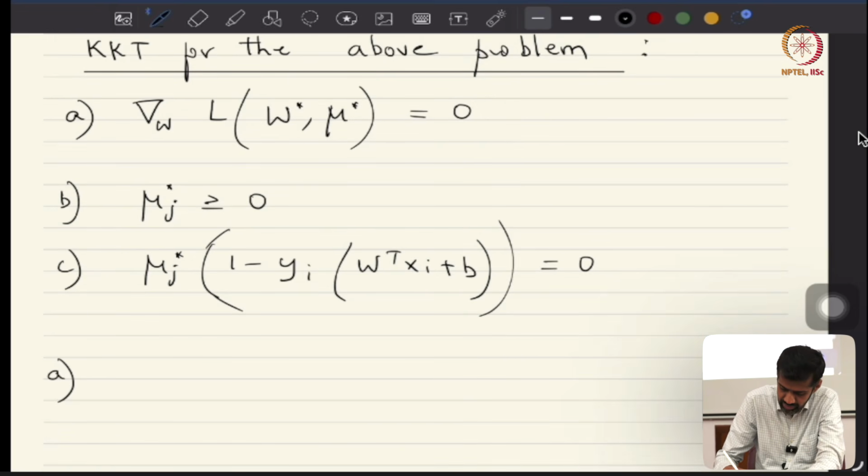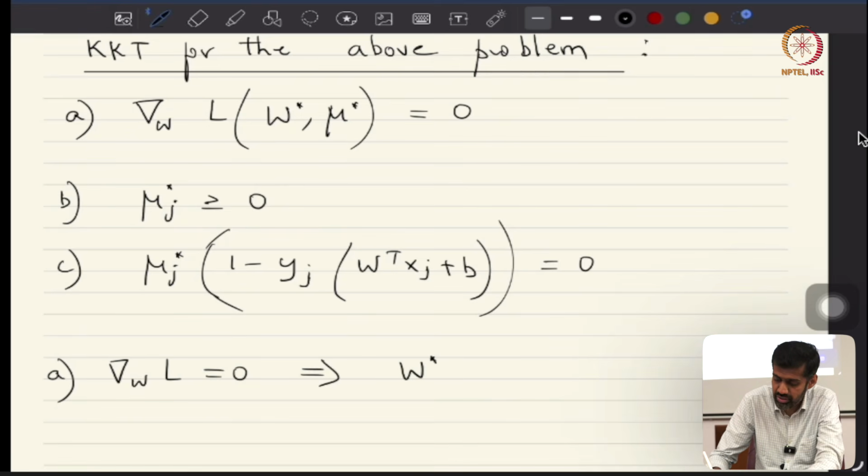The first one is the derivative of this with respect to w. True. The derivative of this with respect to w has to be 0. This implies, I'll skip the algebra, please do it. So which means w star will be given by the sum of mu_i star y_i x_i.